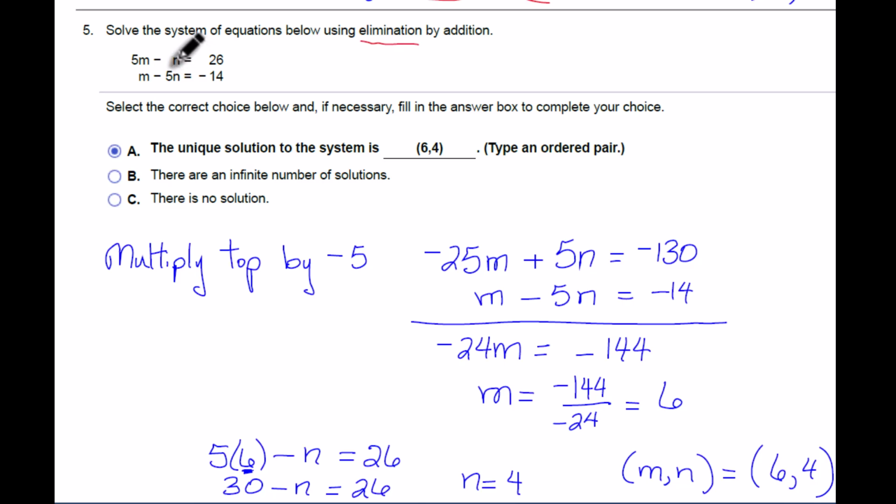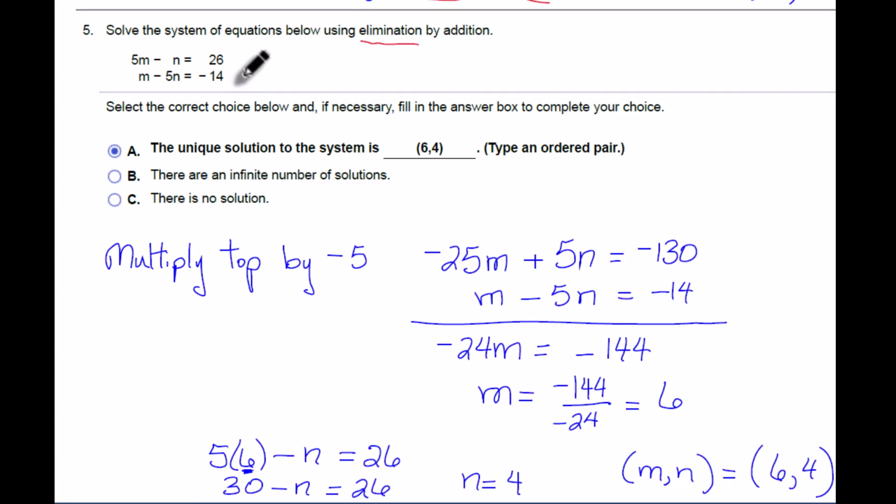If I look at the n, I've got a minus 1 and a minus 5. If I add that up, it won't cancel. So what that means is if I want a variable to cancel, I'm going to have to multiply one of them by something, or maybe even both of them.